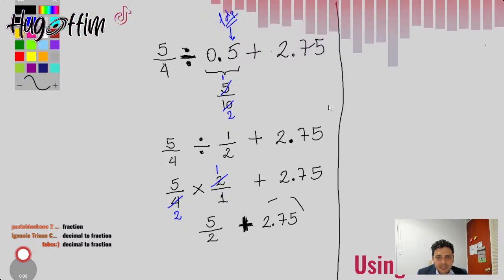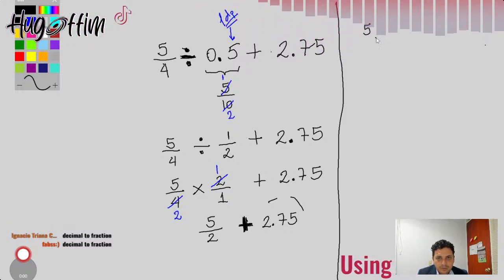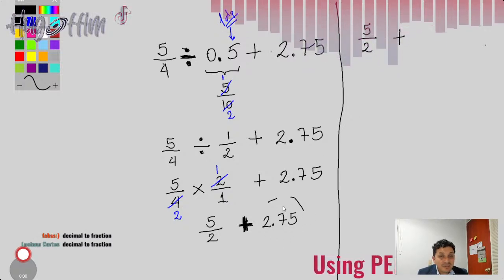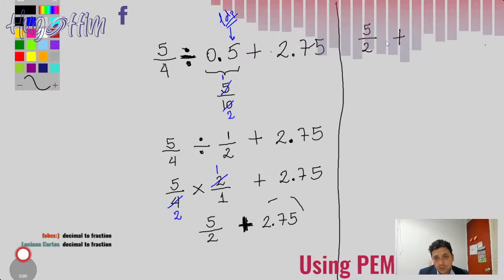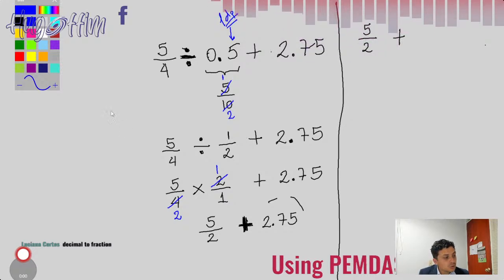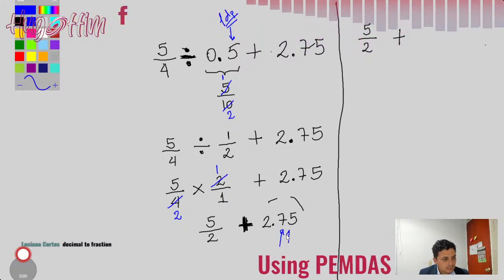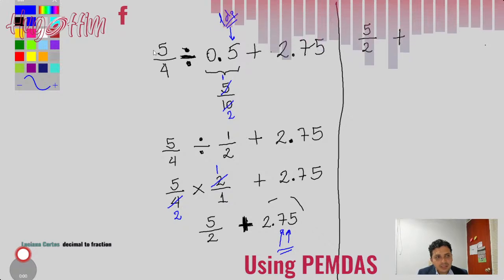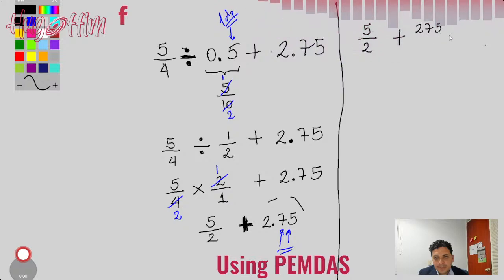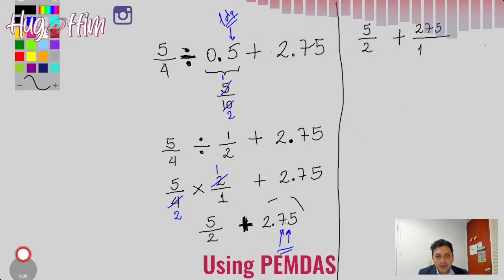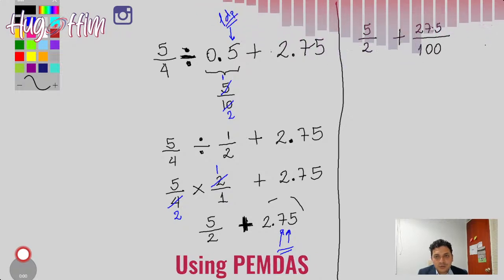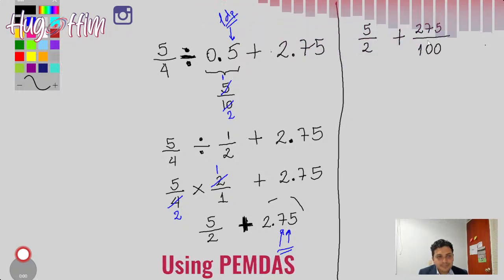If I want to do decimal to fraction, I'm going to put 5 over 2 plus, and I need to convert 2.75 into a fraction. So how to convert it to a fraction? 2.75 has 2 decimal places. So it means that this is 275 over, and 2 decimal places means 2 zeros here. So it's over 100. 275 over 100.